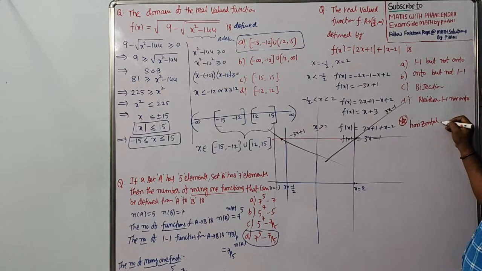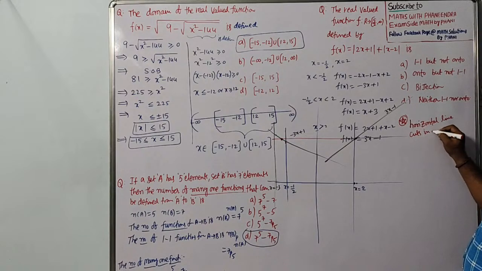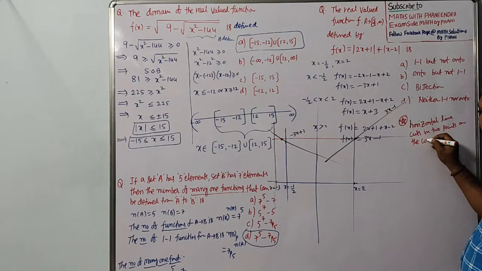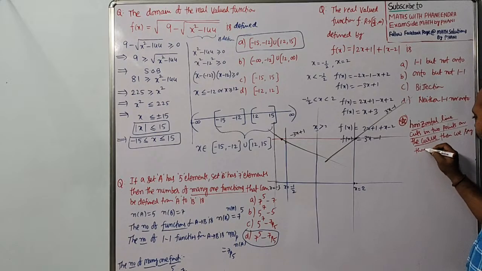If a horizontal line cuts in 2 points on the curve, then we say that it is not one-one.